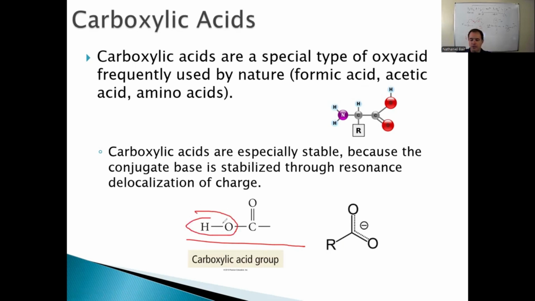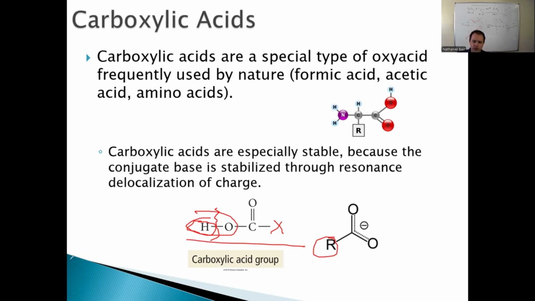So here's my oxyacid portion, and this is the bond that gets broken. This is the hydrogen that gets donated, as acids do. They donate hydrogens. What else the carbon is bound to is totally random. It's called an R group. In organic chemistry, when we don't specify what else it's bound to, we call it an R group.